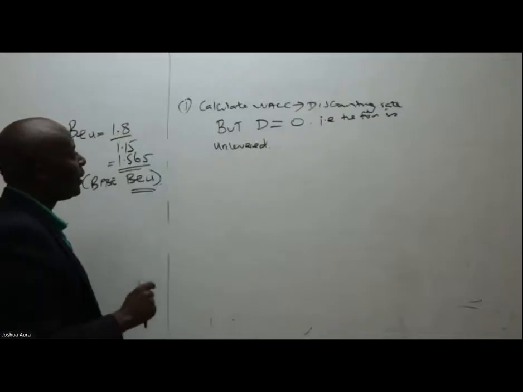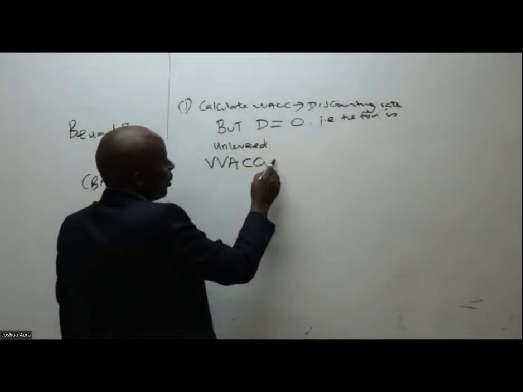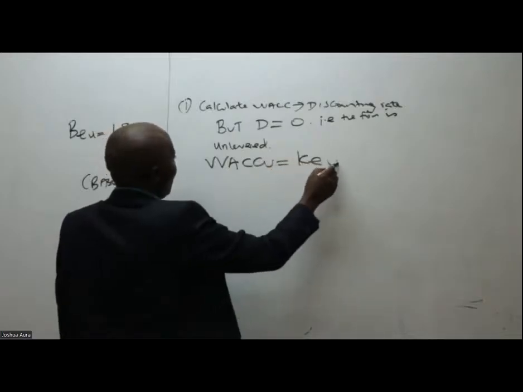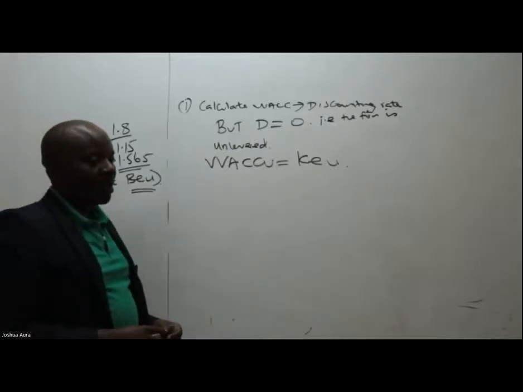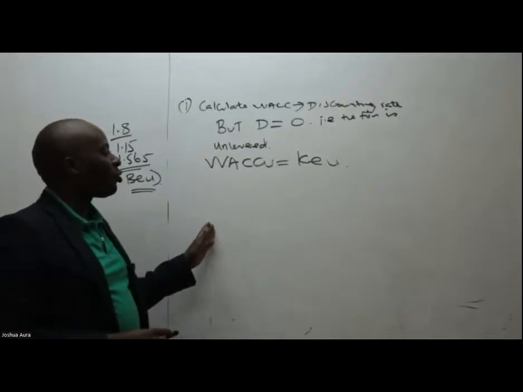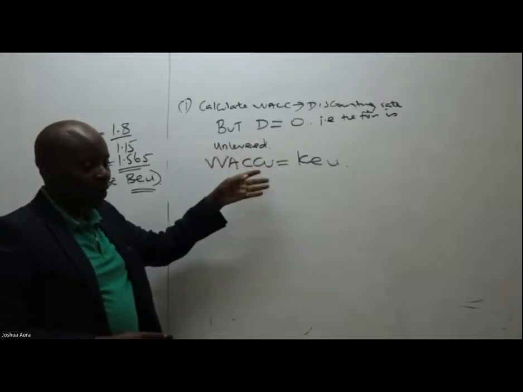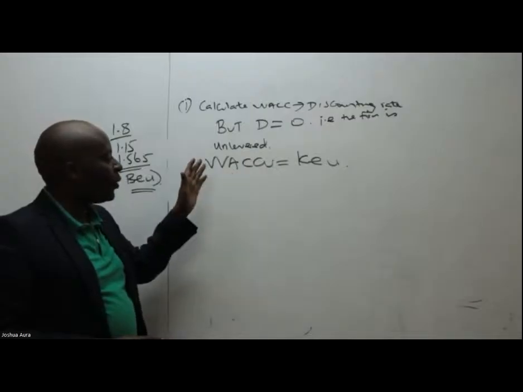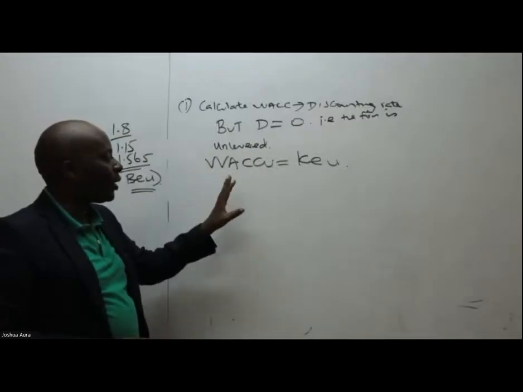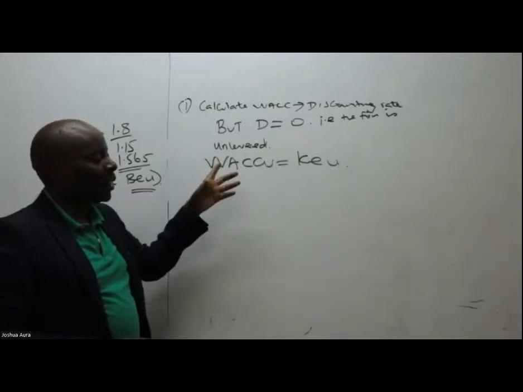So if it's unlevered, remember in this case, ladies and gentlemen, what we used to call WACC U equals Ke U. Very, very important. If it's unlevered, then the weighted average cost of capital of an unlevered firm will always be equal to cost of equity of an unlevered firm. Some students some time back told me WACC U equals Ke. No. It's WACC U equals Ke U. And we can prove this.